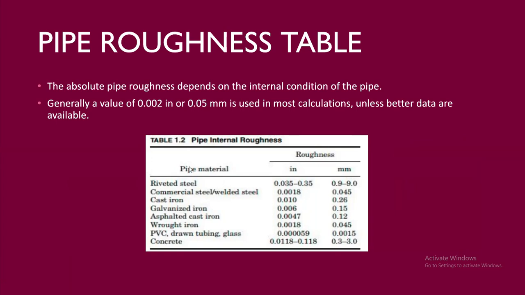Generally, a value of 0.002 inches or 0.05 millimeters is used in most calculations unless better data are available, which means if you don't have better data, for example from this table, or if it's in a range like this, you can just use 0.002 inch or 0.05 millimeters, unless, of course, you've been working with such pipe material for a long time and you know a specific figure.